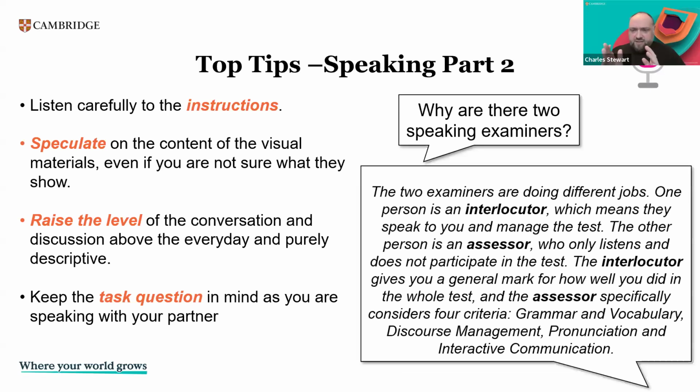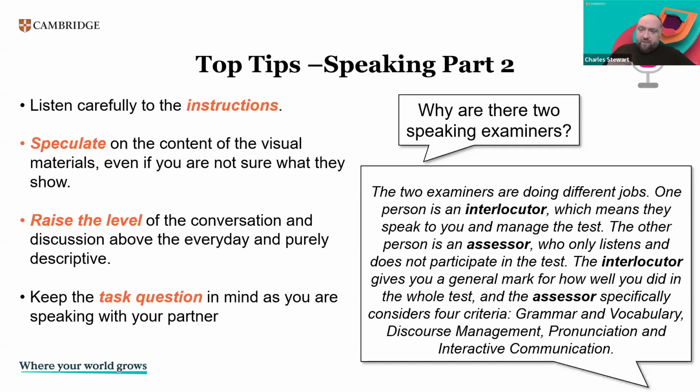Both of you are taking the test, and you will be sitting at a table with one of the examiners, called an interlocutor. Their job is to talk to you and ask you the questions to answer. They're also in charge of keeping time as well. They're the ones that will speak and actually administer the exam itself.